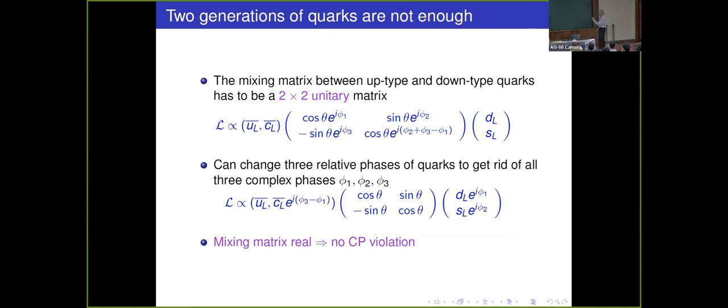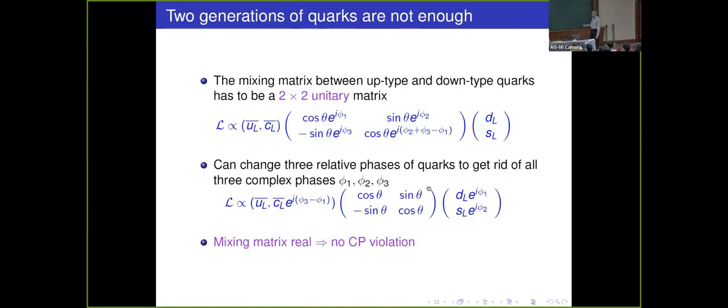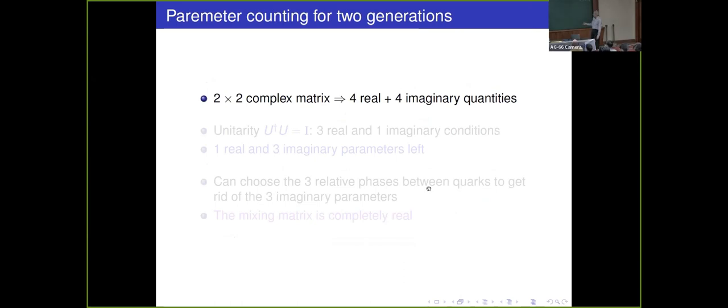So this is explicitly seeing this, but there is a nice argument which deals with counting of numbers. Okay, counting is interesting. So the idea is, if we have a 2 by 2 complex matrix, like this matrix that you saw here, this matrix typically has 4 elements, okay?